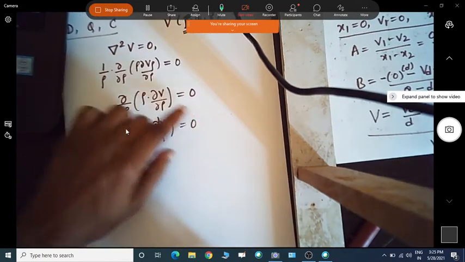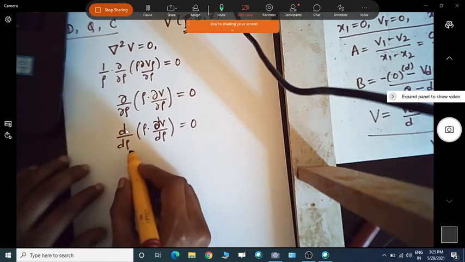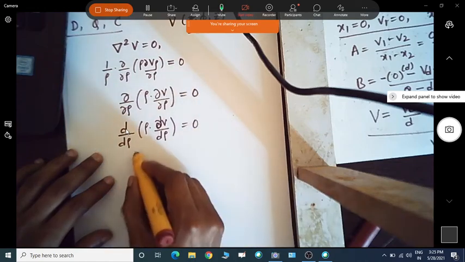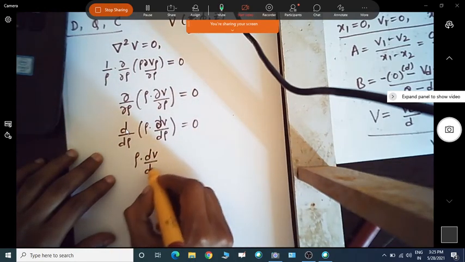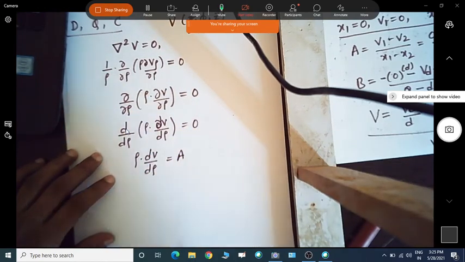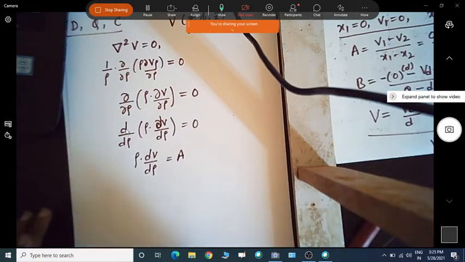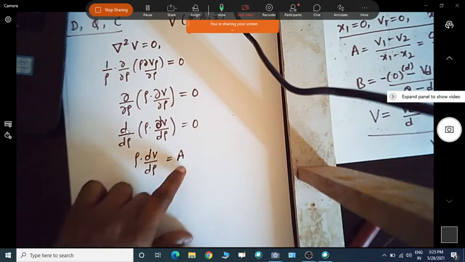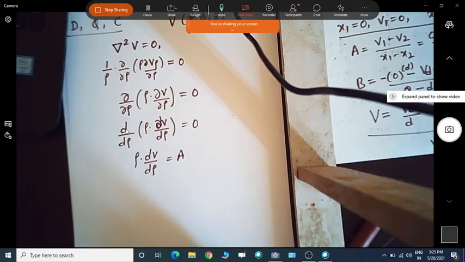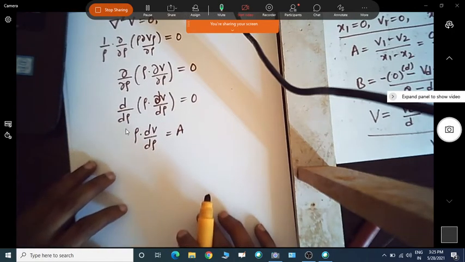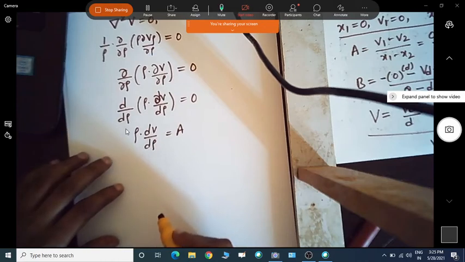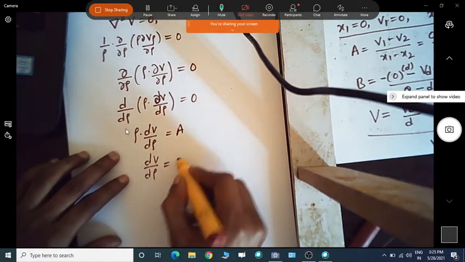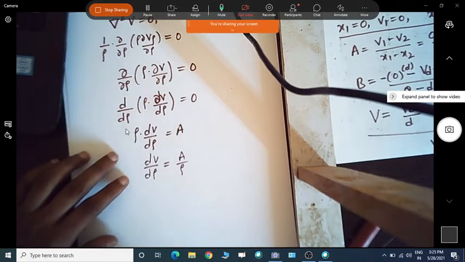Now if I integrate this the first time, we get a constant on the right side: rho into dV by d rho equals the constant a. With the second integration with respect to rho, we get dV by d rho equals a by rho.